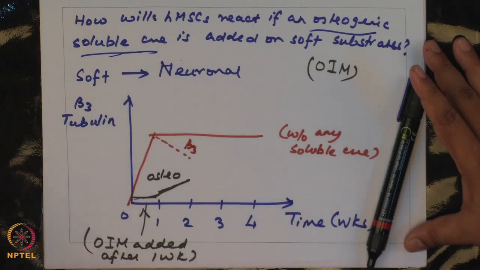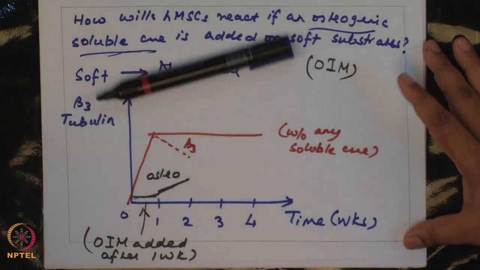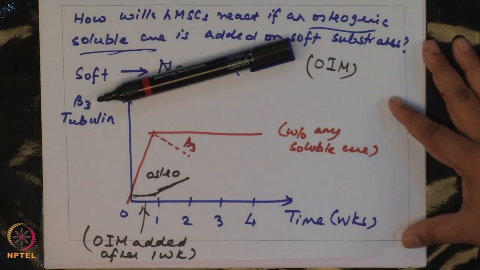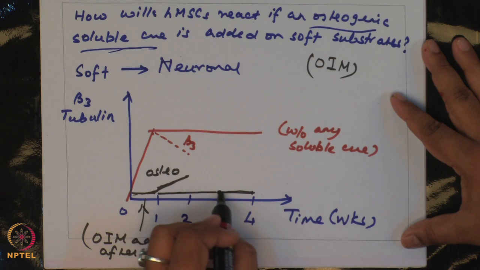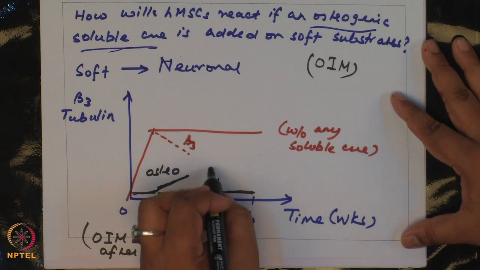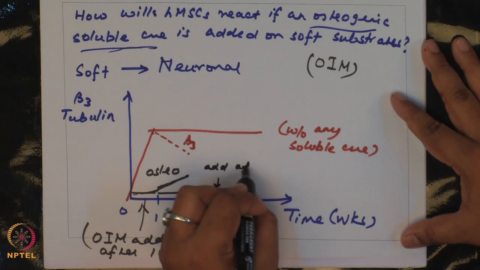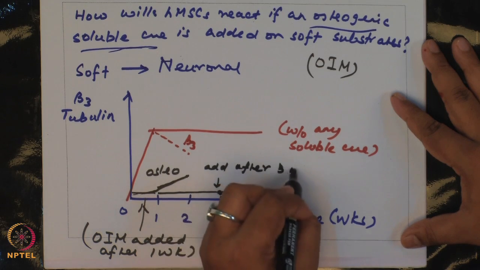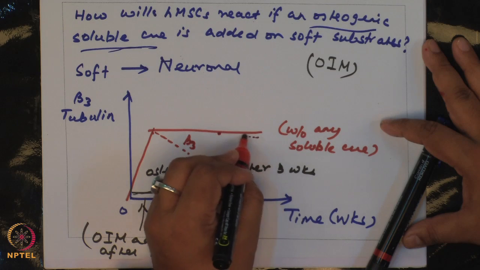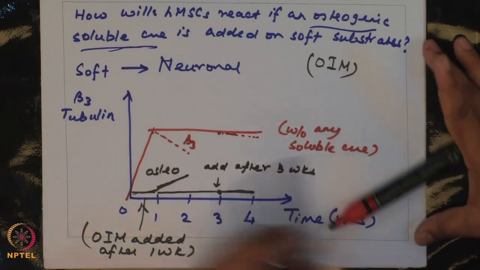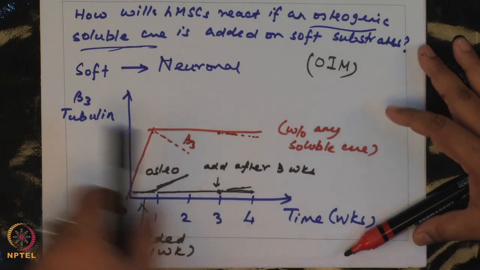However, if you add OIM after 4 weeks, or after 3 weeks, after a long time, at these later time points there is hardly any drop and hardly any increase in osteo marker.